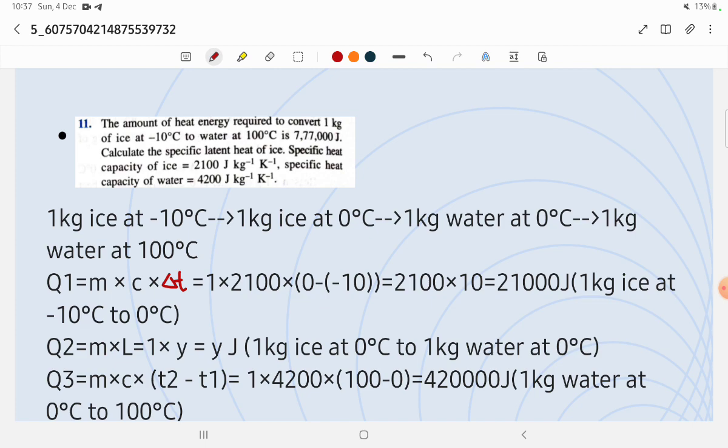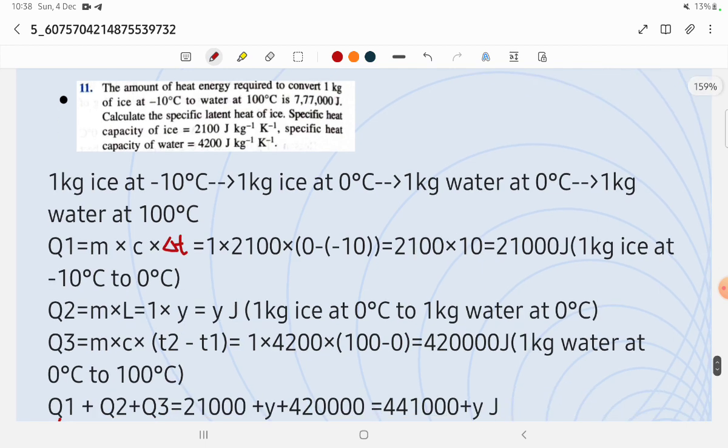So 1 kg of ice at -10, then it should be 1 kg of ice at 0 degree, because -10 is not the melting point. So first you have to bring the temperature to the melting point. Then 1 kg of ice at 0 degree to 1 kg of water at 0 degree. This step will be known as melting or fusion. Then 1 kg water at 0 degree to 1 kg water at 100 degree centigrade. So these are the steps.